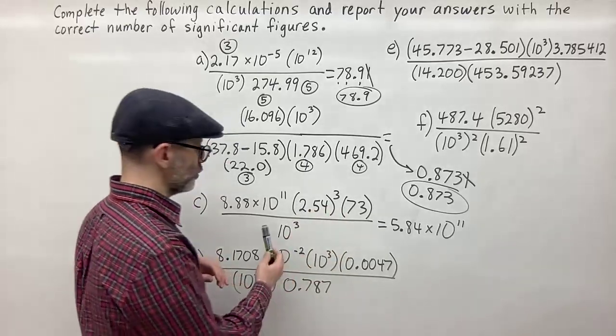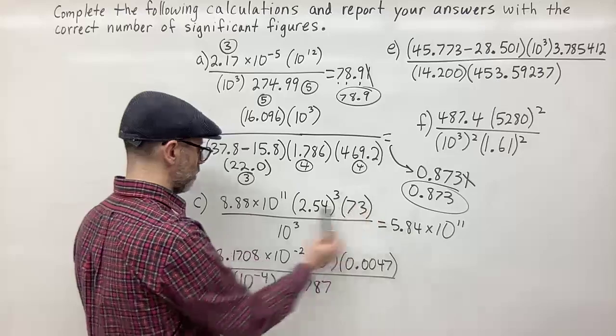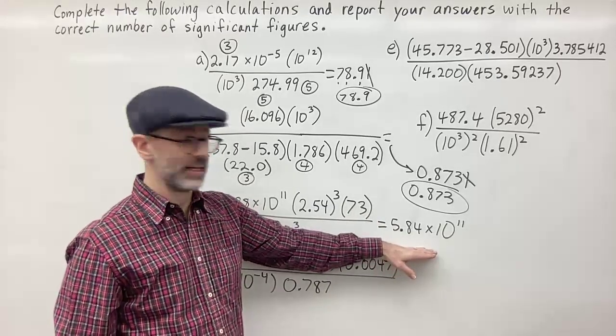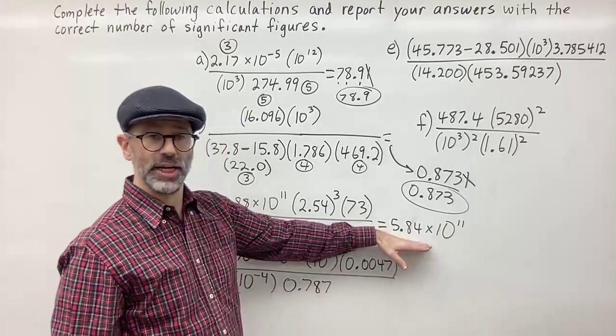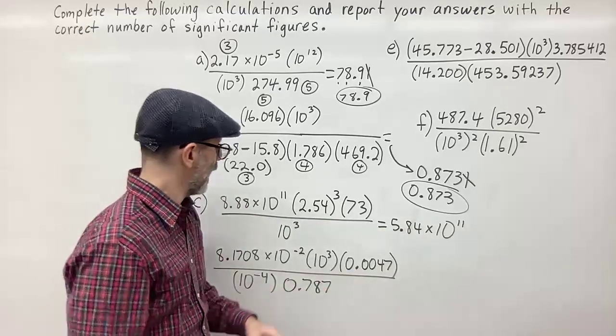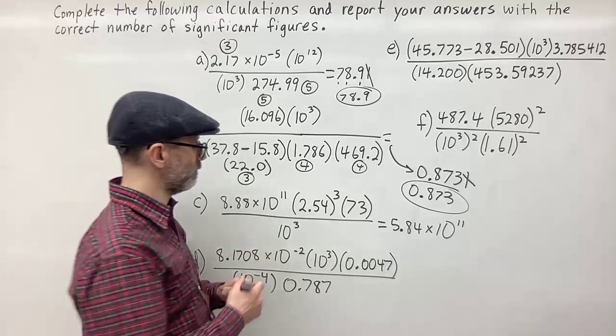So our answer is going to depend on this number and this number. So remember the rule when you're multiplying and dividing is that your answer should have the same number of significant figures as the least number of sig figures in the measurements you are multiplying and dividing.